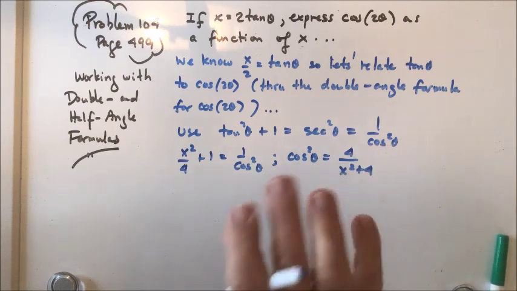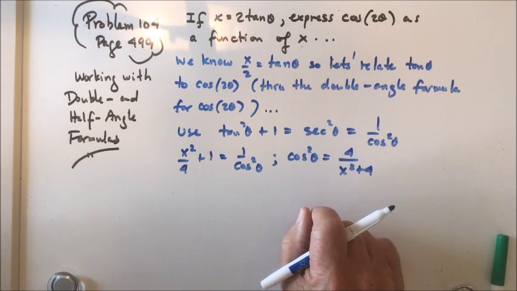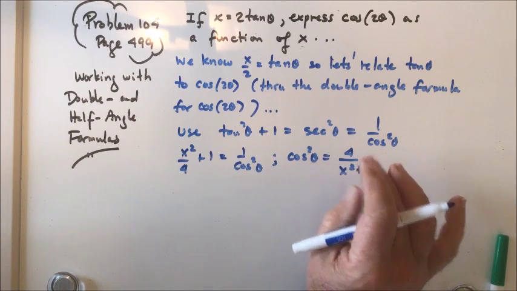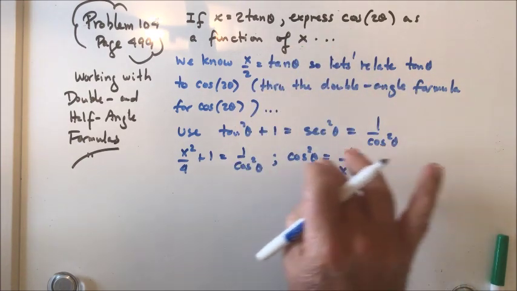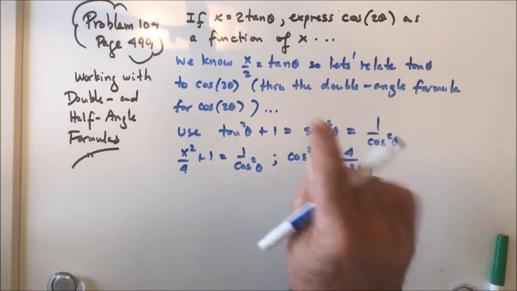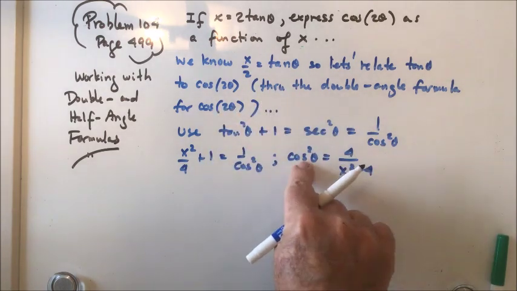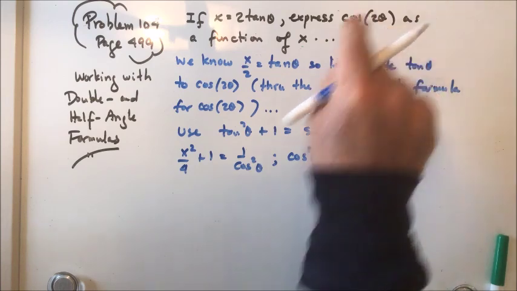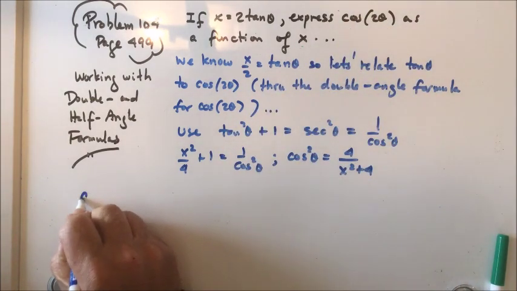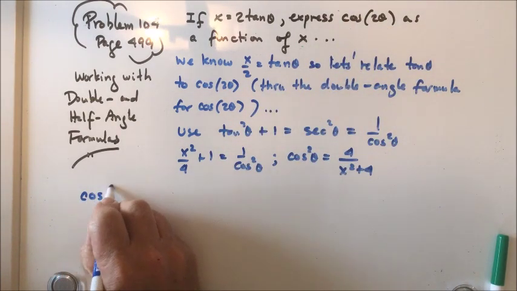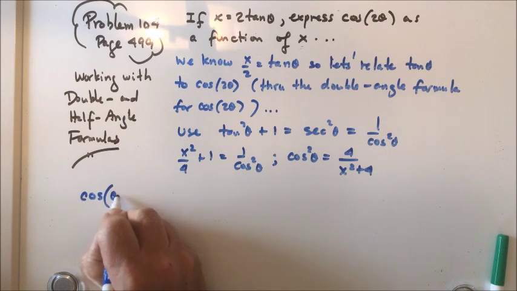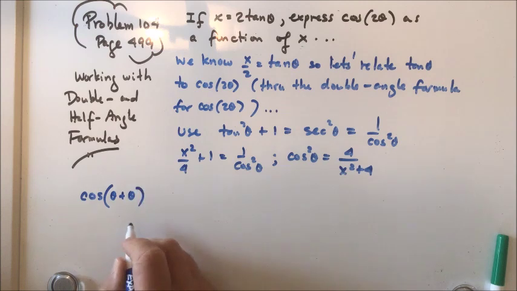Okay, so now we've gone way down the line here because I have a relationship between x and cosine squared theta. Oh, by the way, I want to now get a relationship between cosine squared and cosine 2 theta. So let's just go back to the sum. If I can't remember cosine 2 theta, and I guess I can, but I'm just going to do it like this.